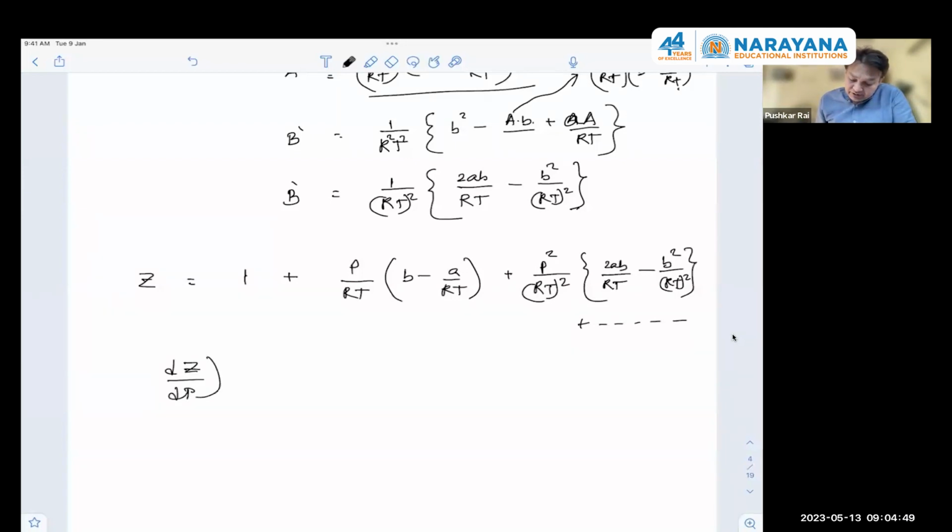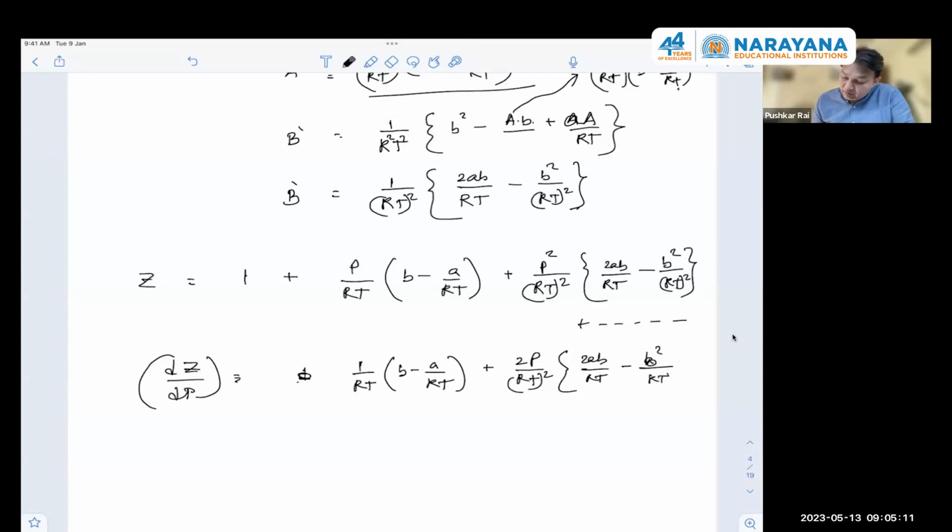And once you get the expression of dz by dp, this is coming out to be 1 upon RT, B minus A by RT, plus 2P upon RT whole square, 2AB upon RT minus B square upon RT whole square.